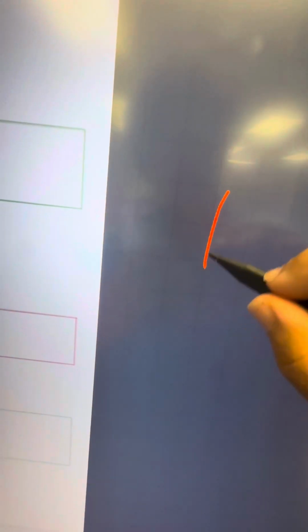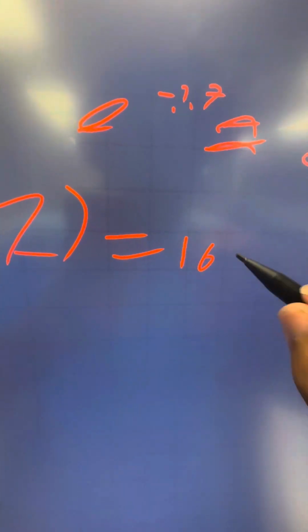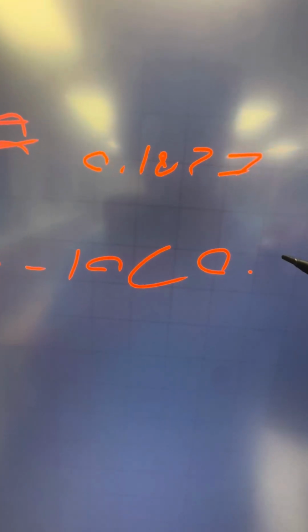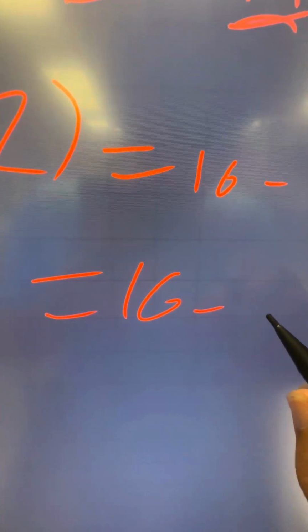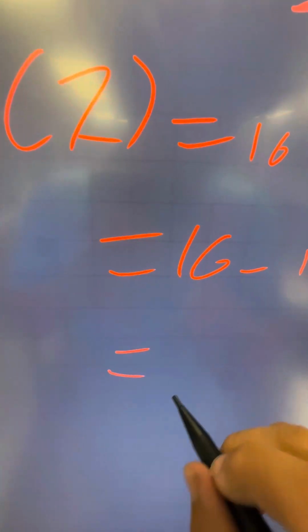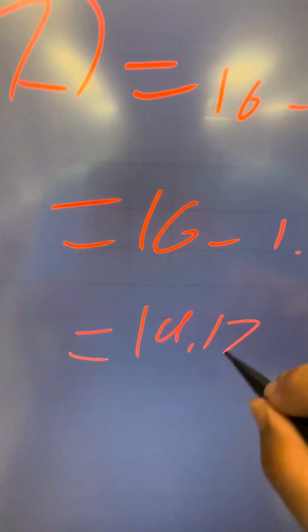So H(2) equals 16 minus 10 times 0.1827, and that's equal to 16 minus 1.827, which is equal to 14.17.